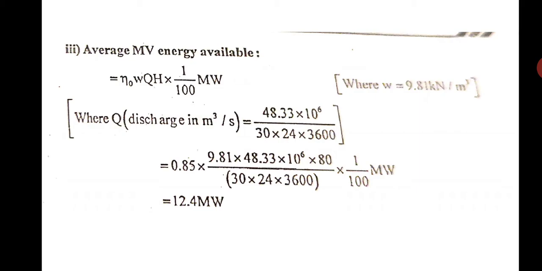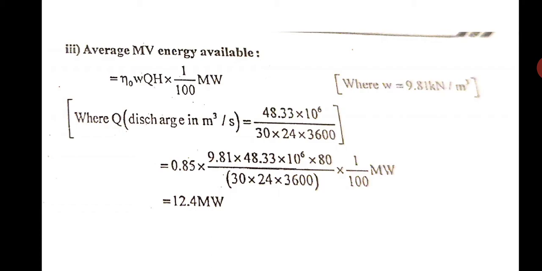Now you can see Q, the discharge in meter cube per second, is given by 48.33, where million I have taken as 10 raised to the power 6, divided by, to make it per second, you have to take 30 days in a month. So 30 into 24, in 1 day there are 24 hours, and in 1 hour there are 3600 seconds, that is 60 into 60, 60 minutes and 60 seconds.